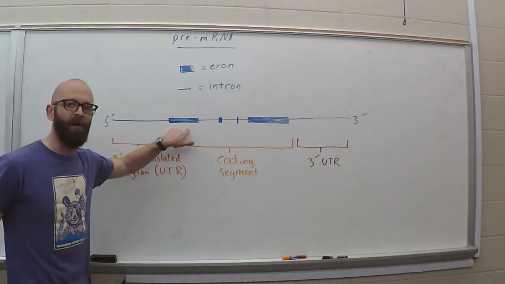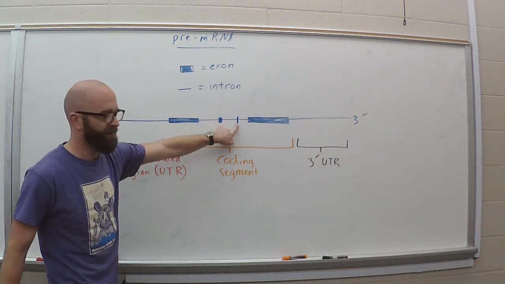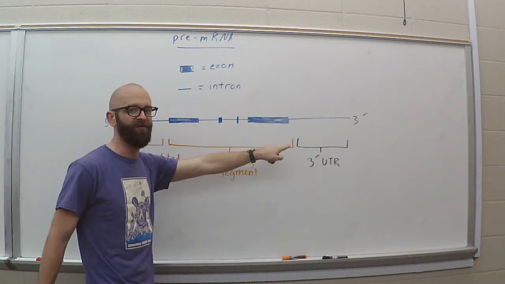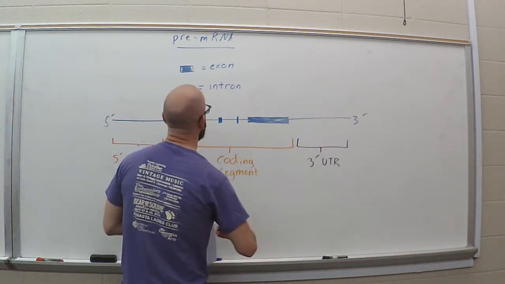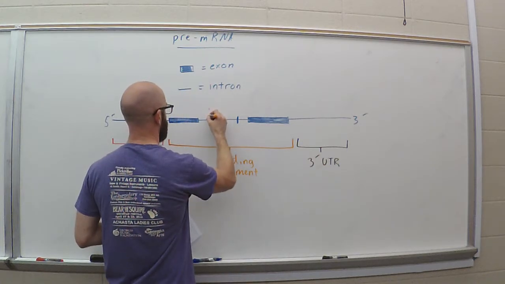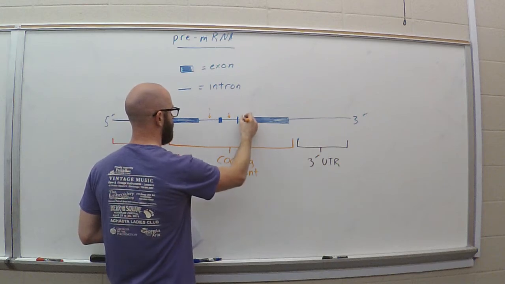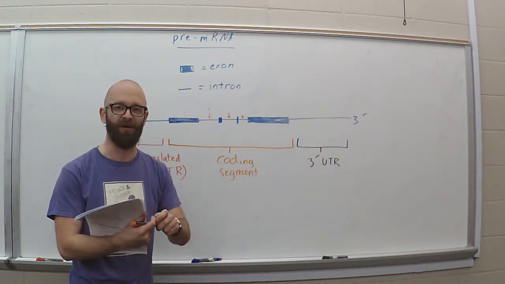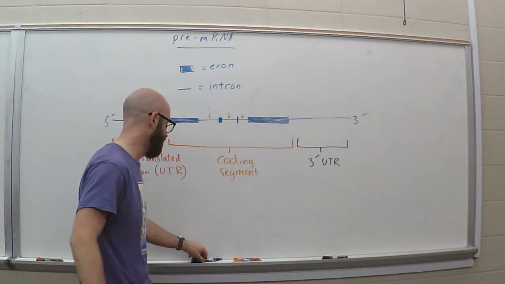So this exon encodes part of the protein, this exon encodes part of the protein, and this exon encodes part of the protein. These introns right here, there's an intron right there, there's an intron right there, there you go. The introns are just gobbledygook. They're just nonsense. They don't encode any protein at all.